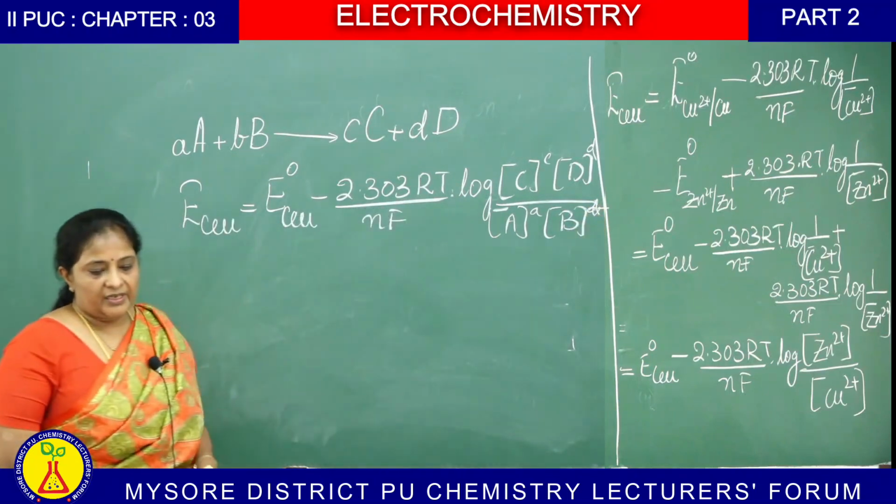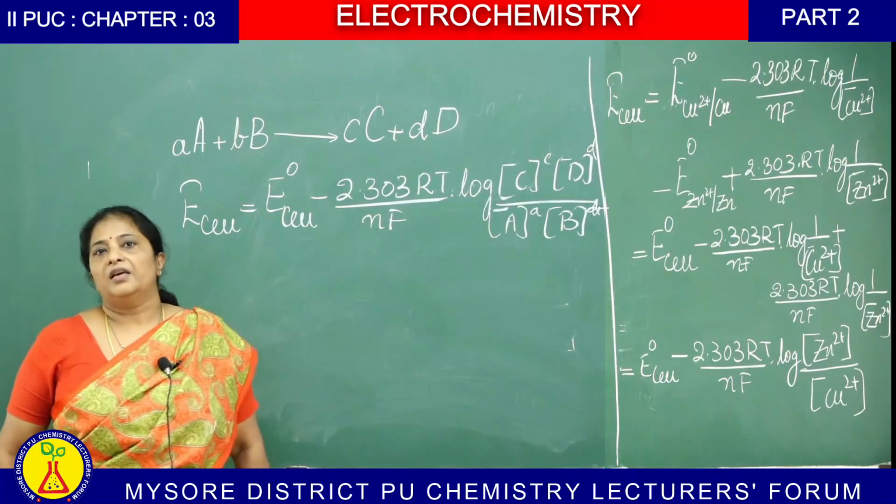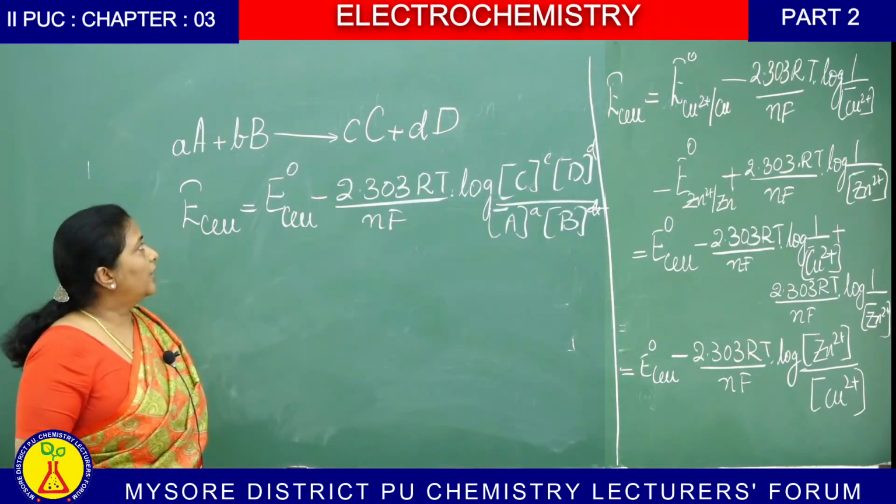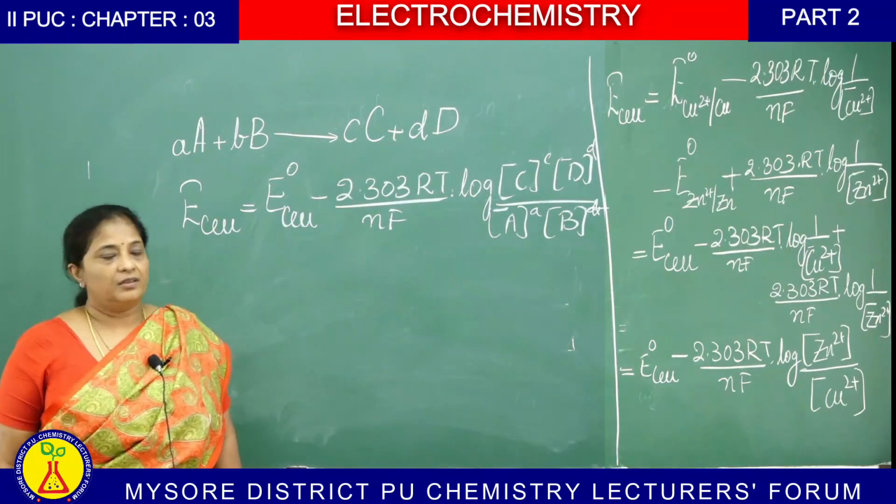So, this is the general Nernst equation for an electrochemical reaction.